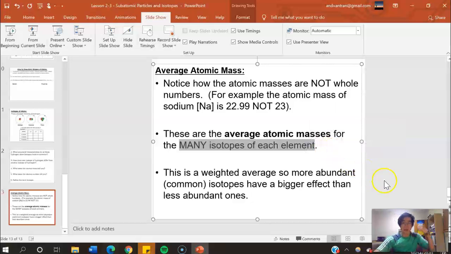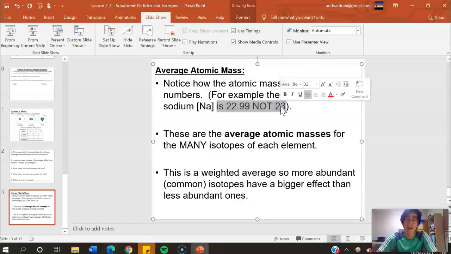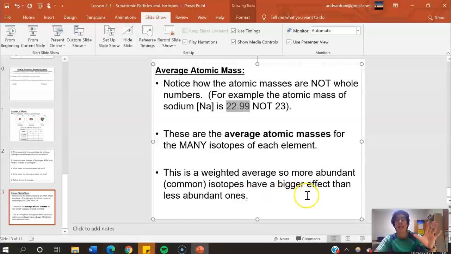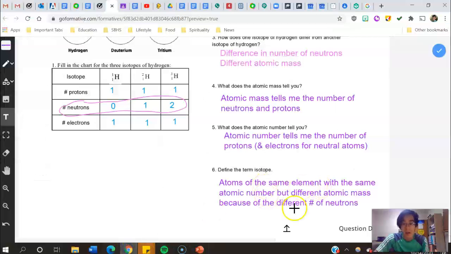So there's carbon with different numbers of neutrons, and you find the average of all the isotope masses, and then either round it or leave it as this average value. We're not going to learn about weighted averages and how to calculate the averages of isotopes, but just know that an isotope is an atom with a different number of neutrons.